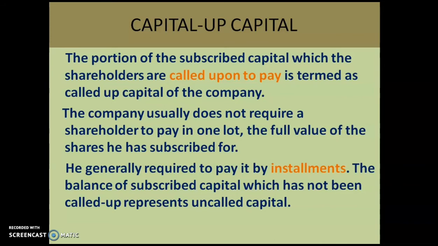So if they are collecting the capital in installments, that is, more than one time period, it is to be remembered that whenever they call for an installment, it is called up capital. So more than one time they can collect the capital money.